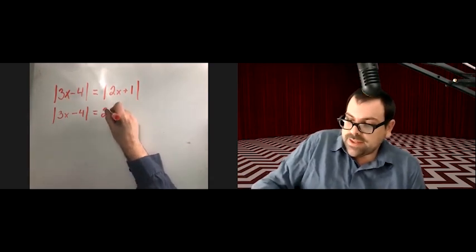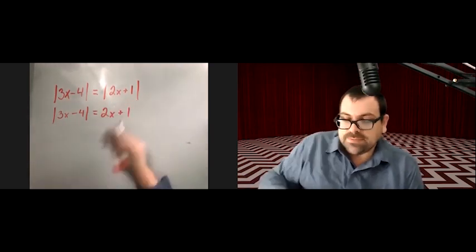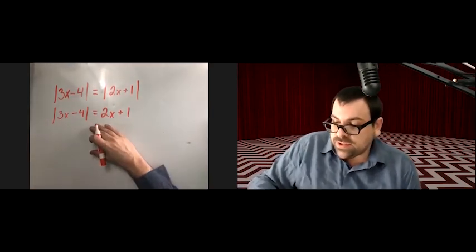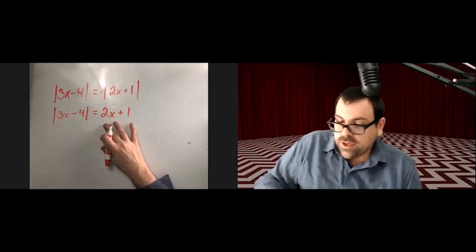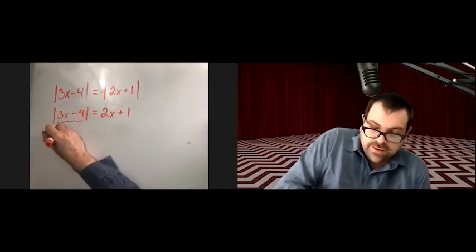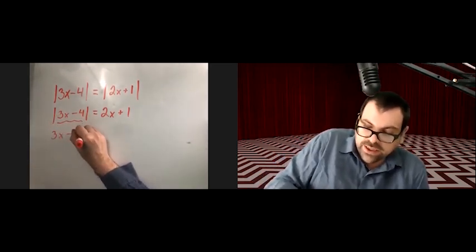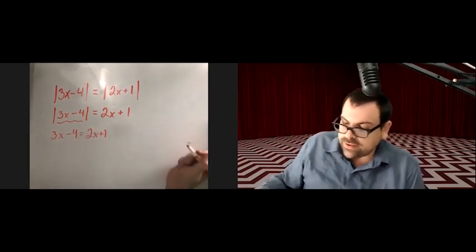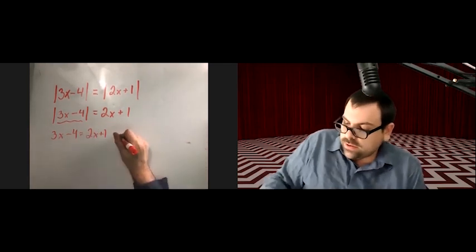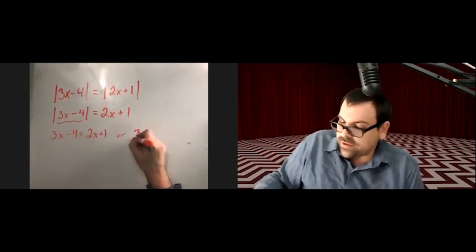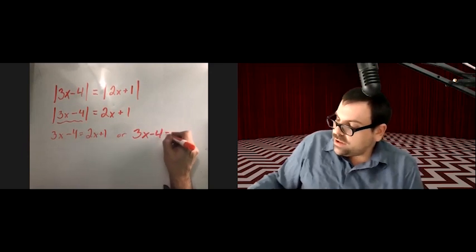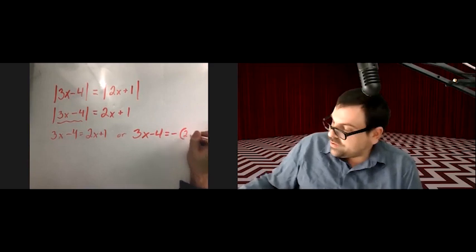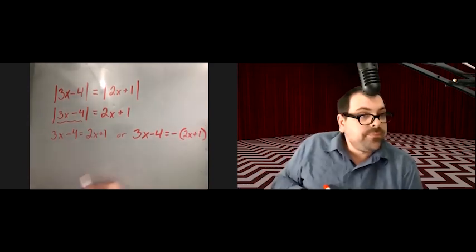So I'm going to drop it on this side, just a plain old 2x plus 1. Now, absolute value equals this. So either the stuff inside, the 3x minus 4, equals exactly the 2x plus 1, or the stuff inside the 3x minus 4 equals the opposite of the 2x plus 1.